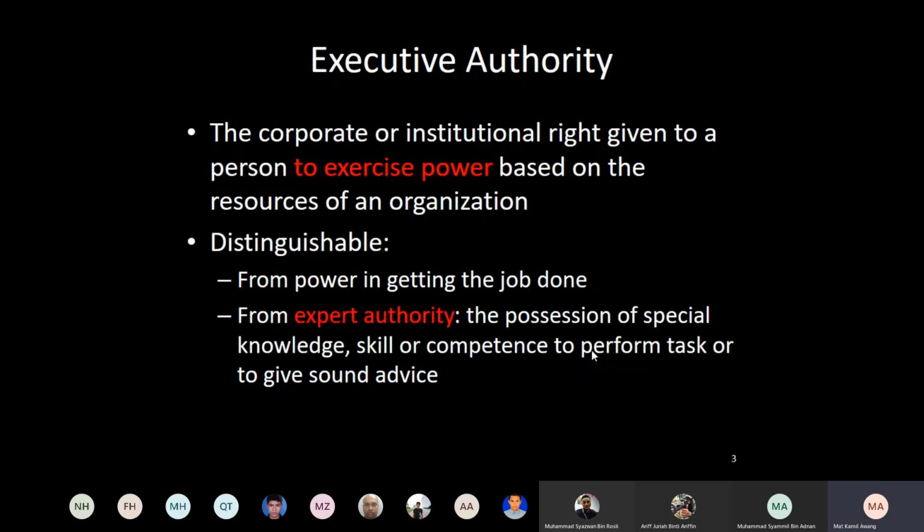If you are absent from work and run away from that assignment, you are considered AWOL, absent without leave, and you can be taken into disciplinary action, a court martial. So that is the executive authority that they have over you.